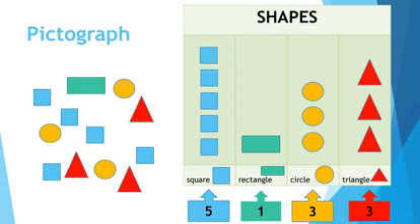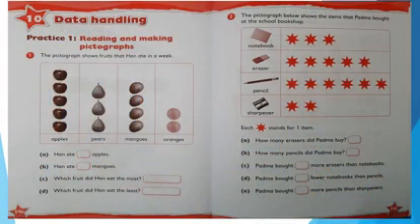And which shapes have the same number? Can you tell me which shapes have the same number? Okay, so it is the circle and the triangle.